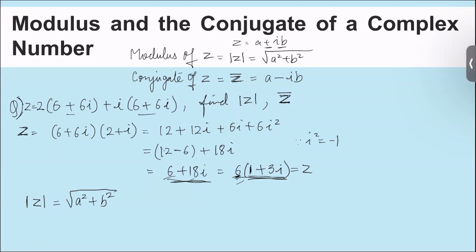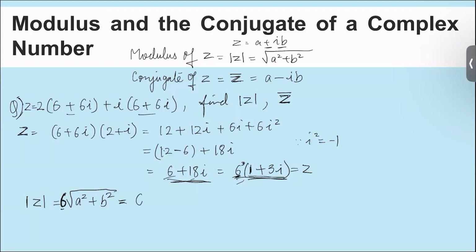You keep the 6 outside. You don't consider 6 inside the under root. You can take 6 outside, because even if you take it inside, you have to square the 6 also, and if you take it outside, you are remaining with 6.